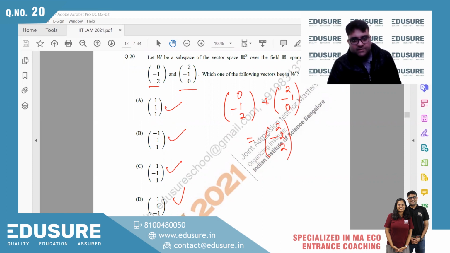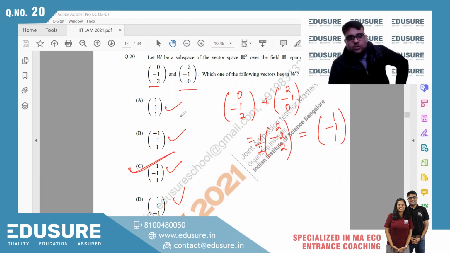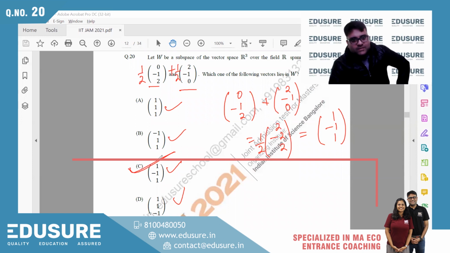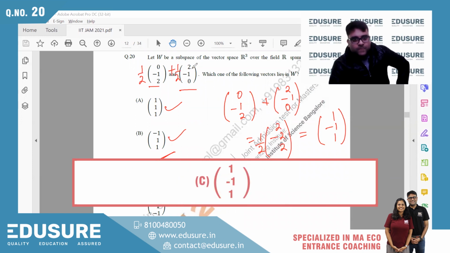If I divide this by 2, so basically half plus half, this gives me option C. So this option C can be expressed as a linear combination of these two. Therefore, this option can be spanned by these two vectors. Okay.